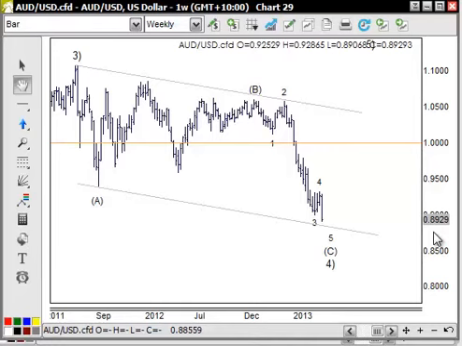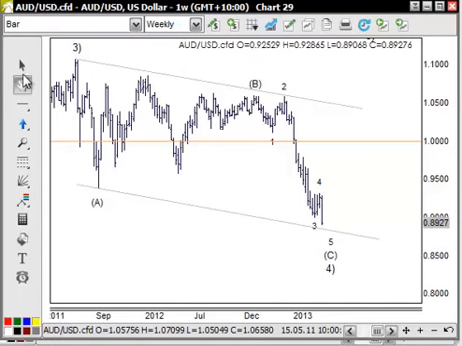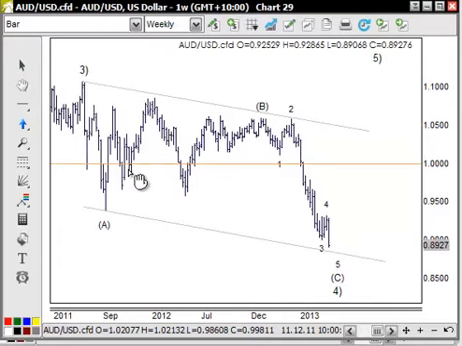But that's a bit of a guessing game, and it's not my area of expertise, so I'm just good with patterns. So in regards to patterns, we're looking at this being down for 1, back for 2, down for 3, back for 4, and down for 5, which will leave us down at this trend line through here, which is down around the 88 area here.